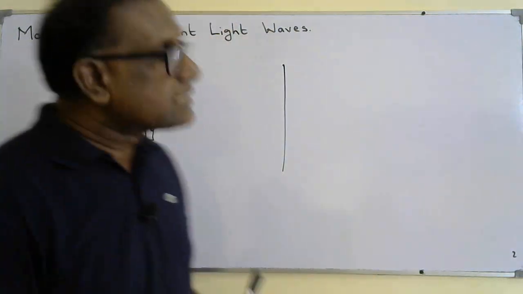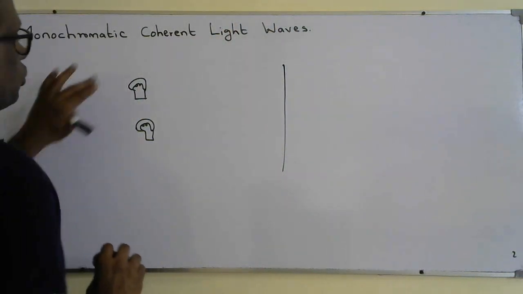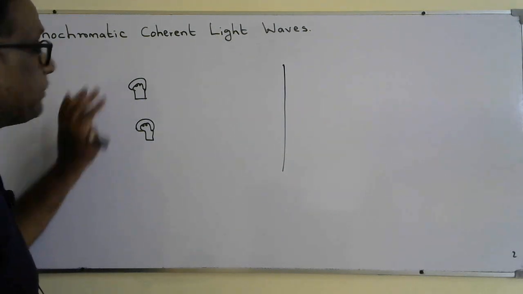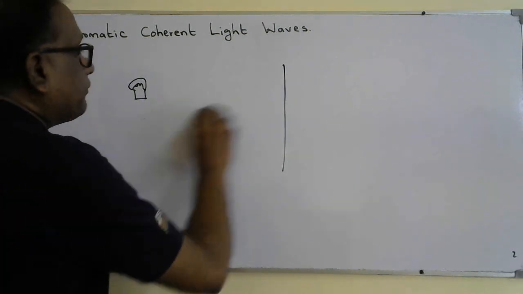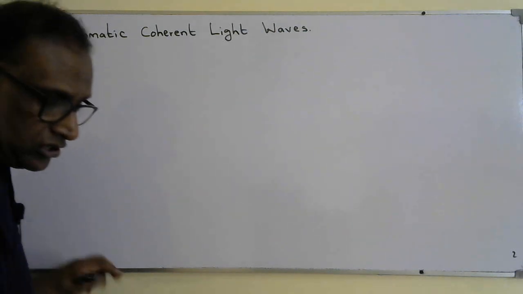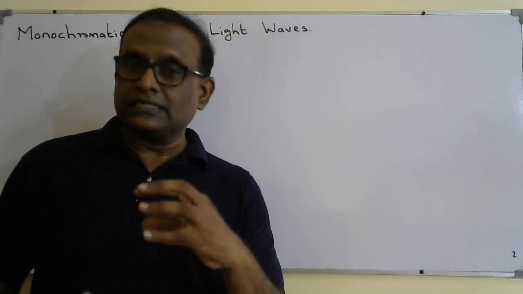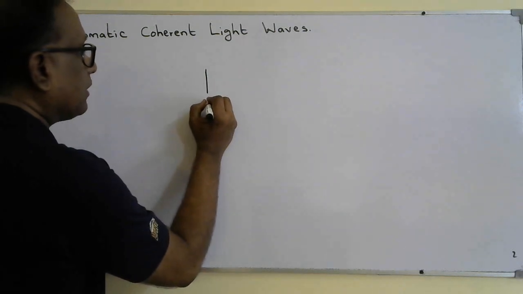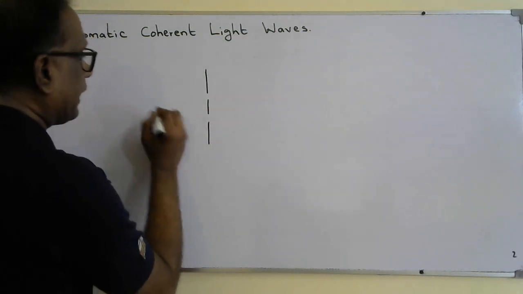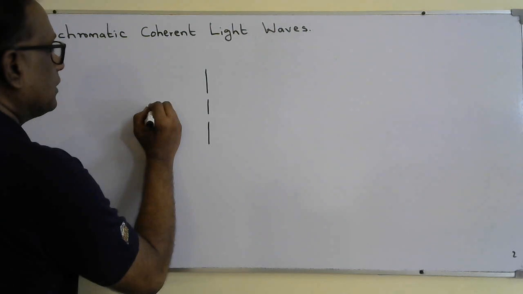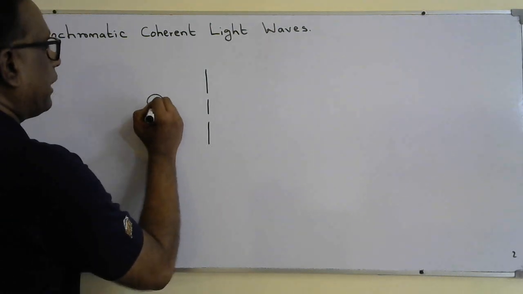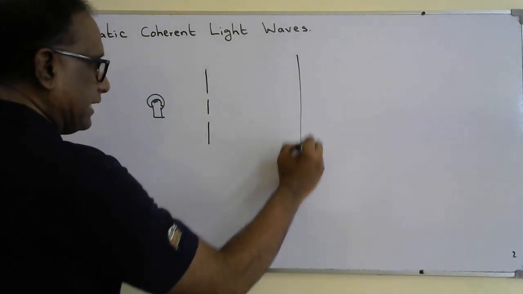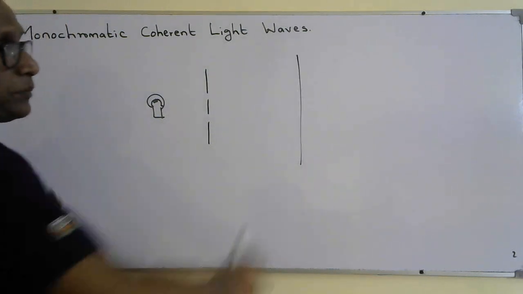Then students ask, okay, the two different bulbs we can't use because they emit light randomly, but what about in front of a double slit, Young's double slit? If I keep a bulb like this, and a screen here, will I be able to get a superposition pattern?